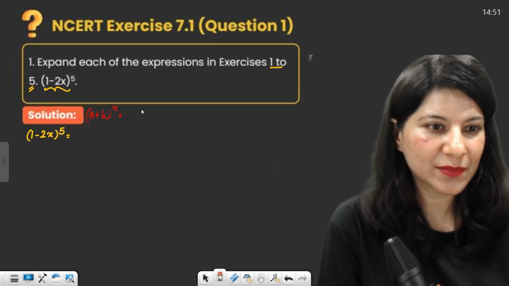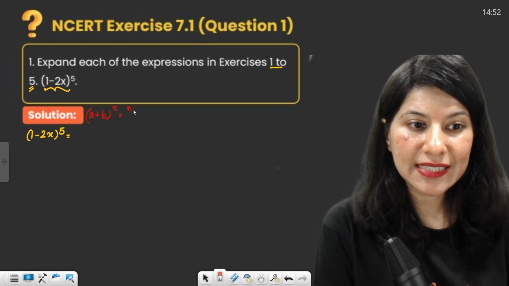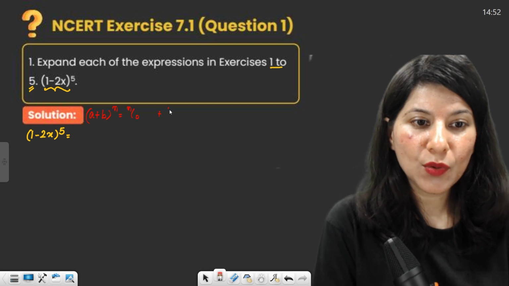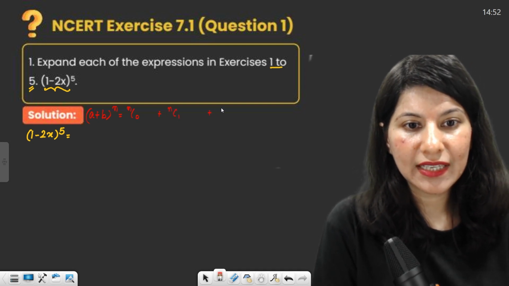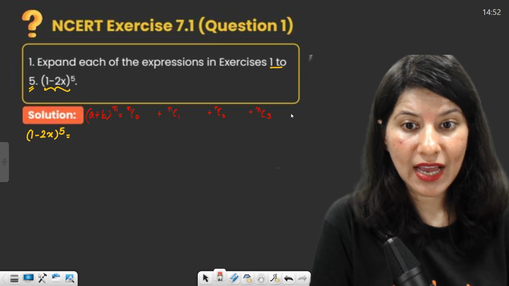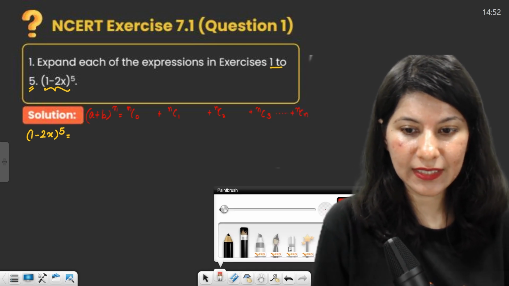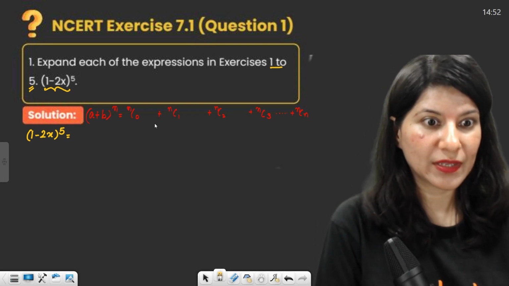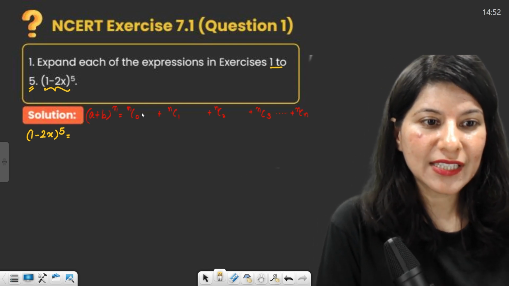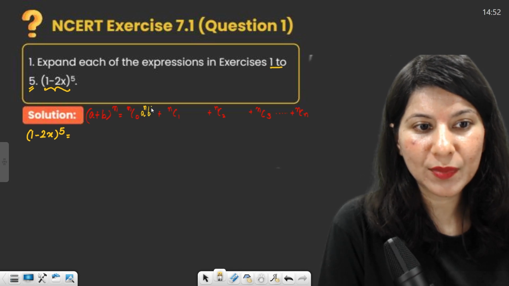Binomial expansion. Let me write down (a plus b) raised to power n. It will start with nC0, then nC1, then nC2, then nC3, and all the way up to nCn. So these are the coefficients, but we have terms also. It starts with a raised to power n, b raised to power 0.